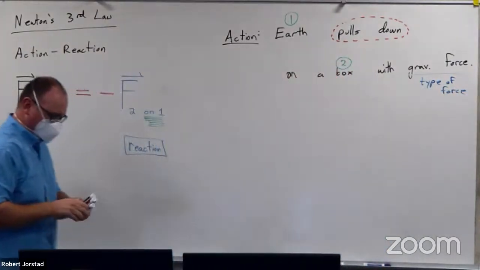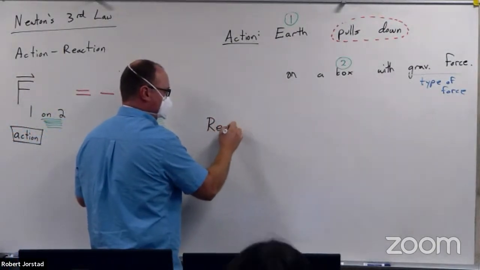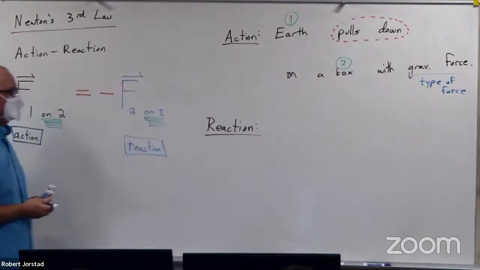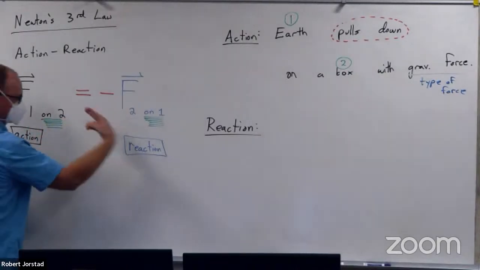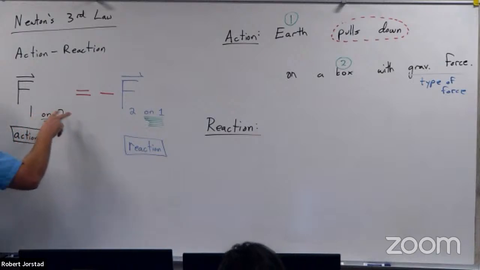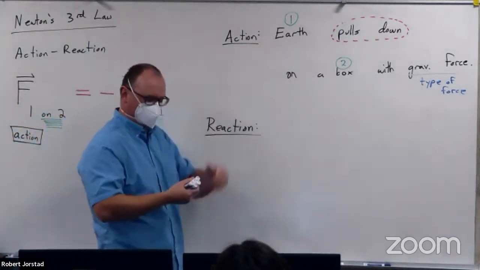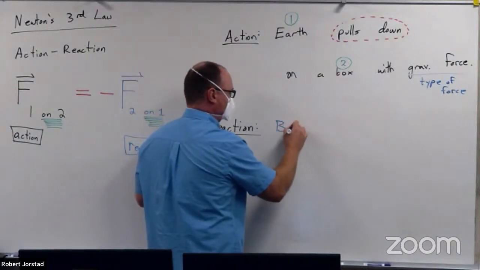Okay, when I write the reaction, for me, the easiest way is to just play with the sentence and work it around, and that always gets it right. In particular, let's compare that sentence to right here. What happens to the objects? They flip. So instead of starting the sentence with earth, I must start it with box.